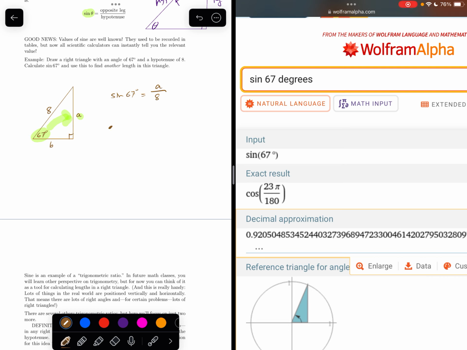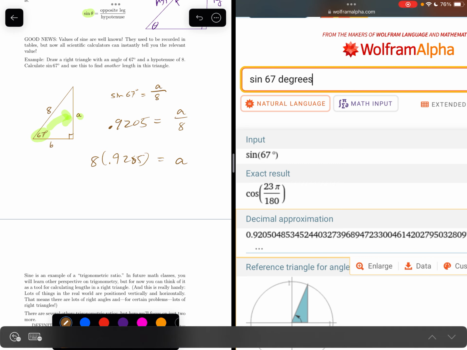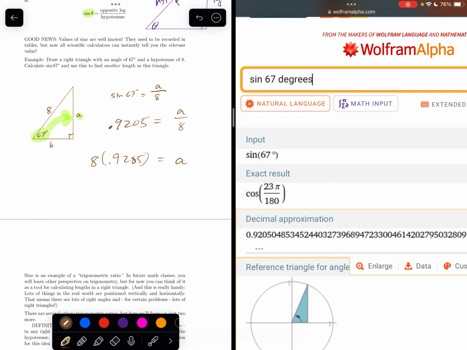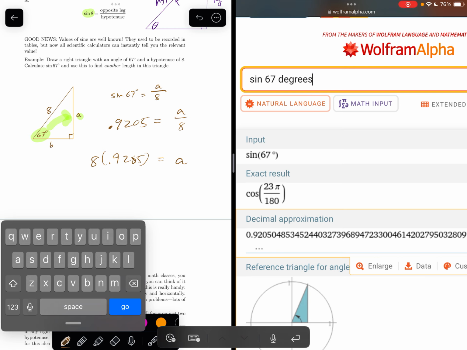So 0.9205 is equal to A over 8. So then if we want to know what A is, we can multiply by 8. 8 times 0.9205. So I think I could actually just type times 8.